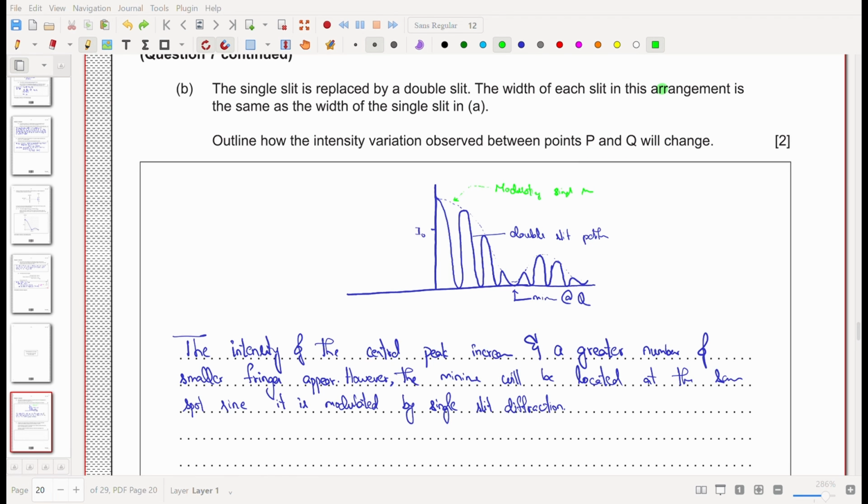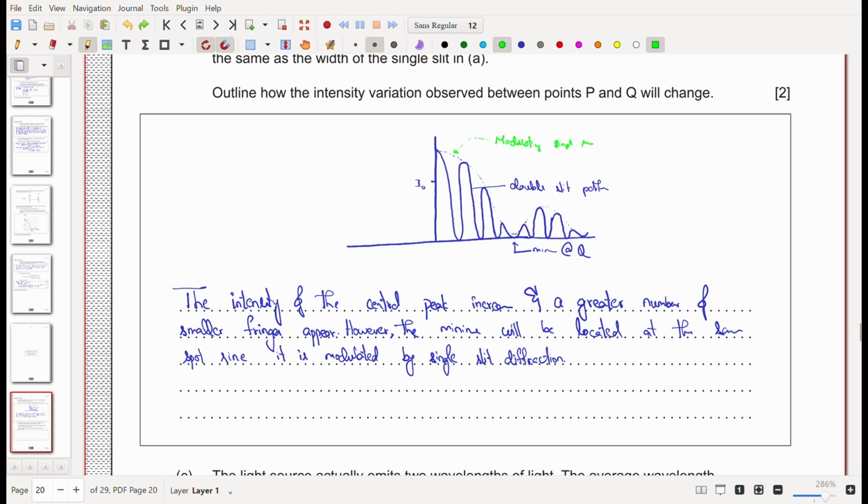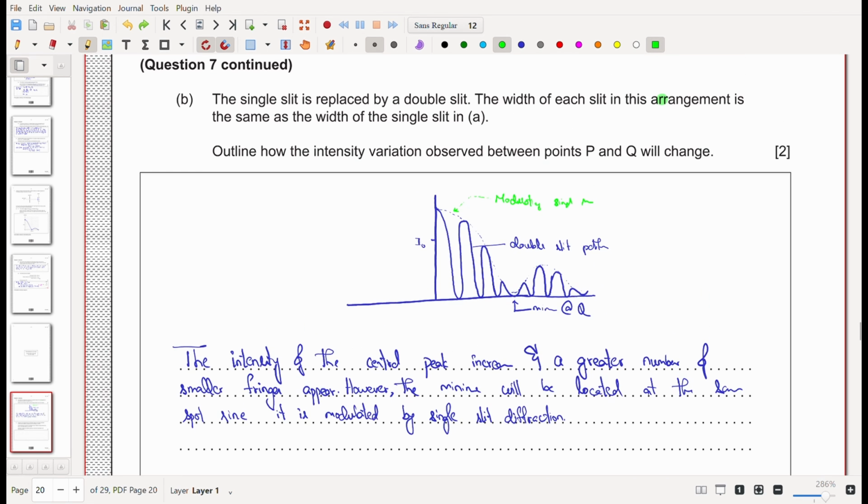Pretty simple and straightforward. So I've started by drawing a neat little graph, that messy-ish little graph that shows the double slit pattern intensity over here. Now, one thing I've marked is this dotted line over here, which is kind of hard to see, but hopefully this makes it a little bit better.